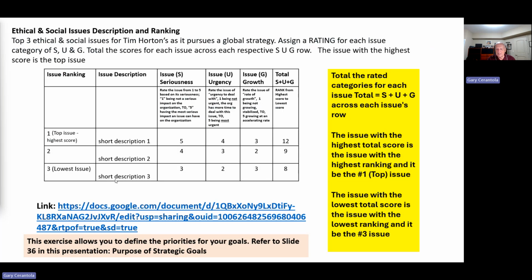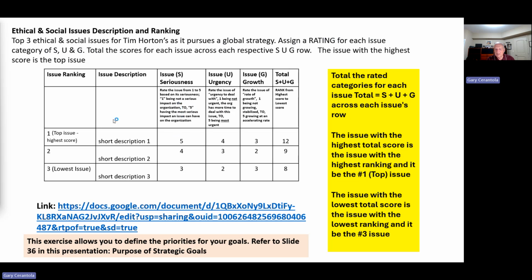You can find that template right here. What I'm expecting you to do is just highlight the title of the issue, provide an issue description, and then rate these 3 categories: the seriousness, and this is rate the issue from 1 to 5 based on its seriousness, 1 not being serious, and 5 being the most serious.